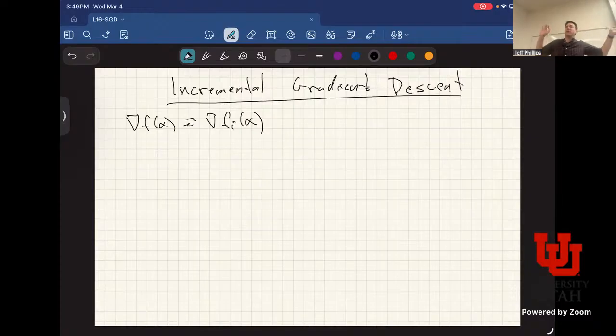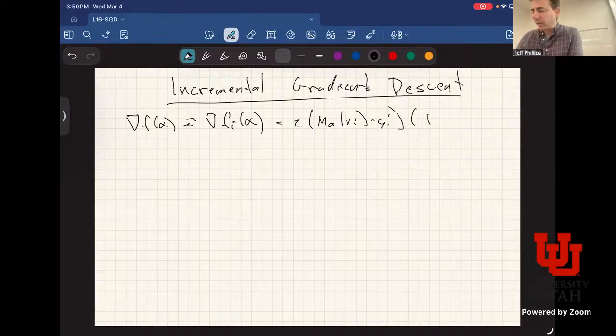This is not the right gradient, but I should be able to compute this term much faster than the full gradient for all the data points.